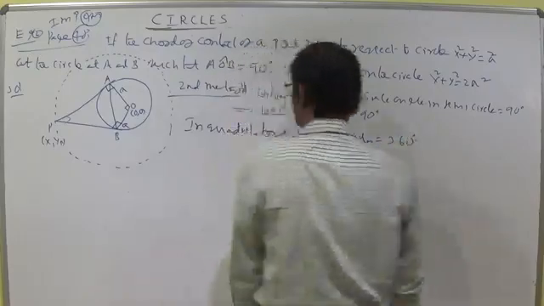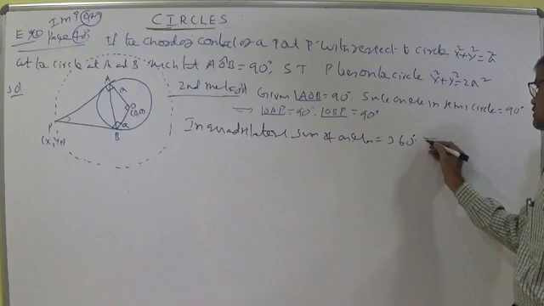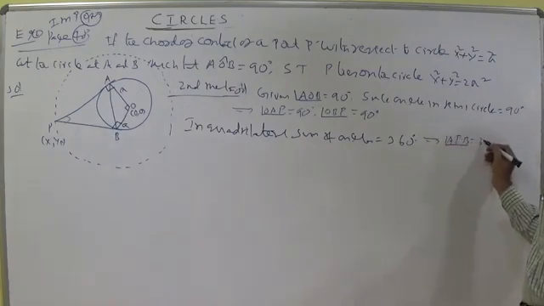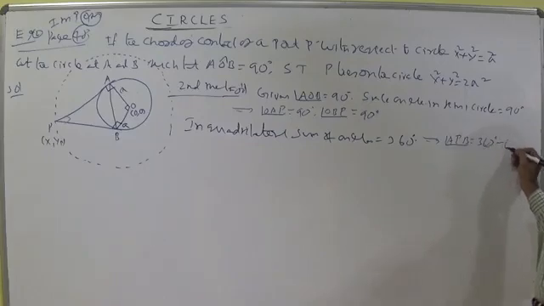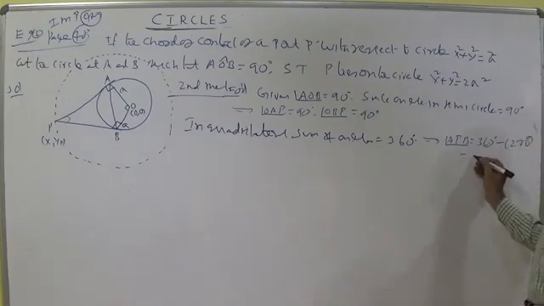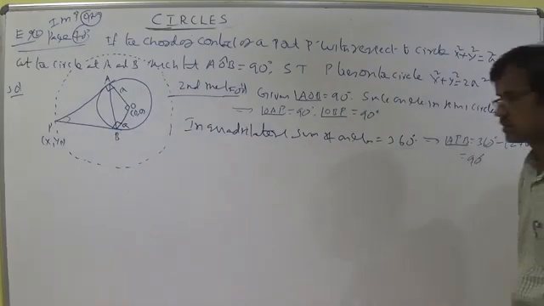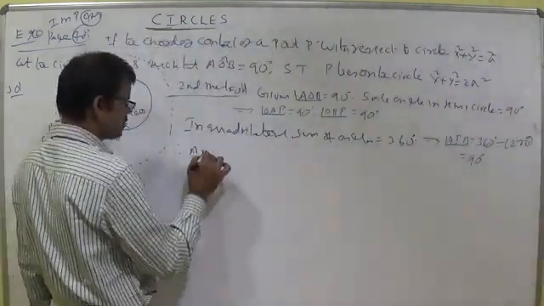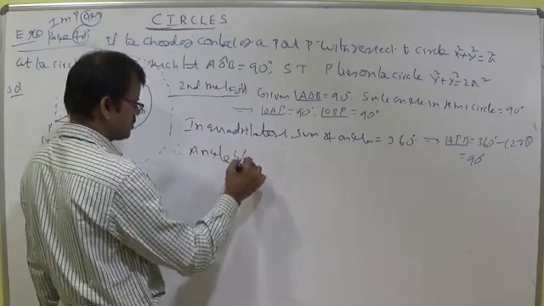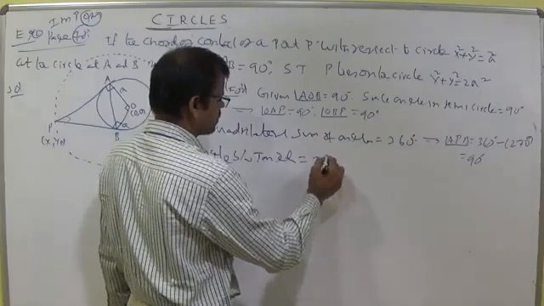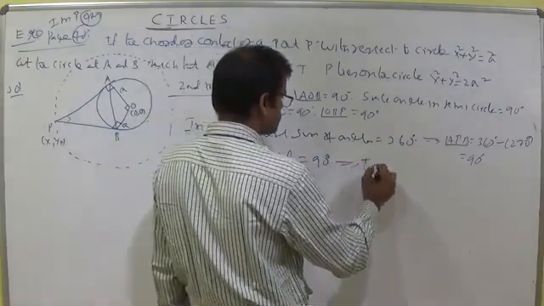That implies angle APB is equal to 360 minus 270 degrees, so it becomes 90 degrees. Therefore, the angle between tangents is equal to 90 degrees.